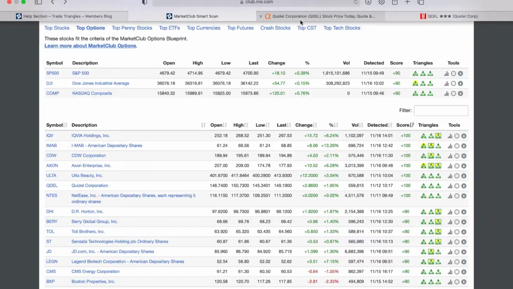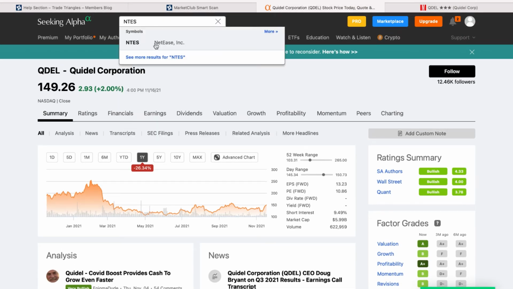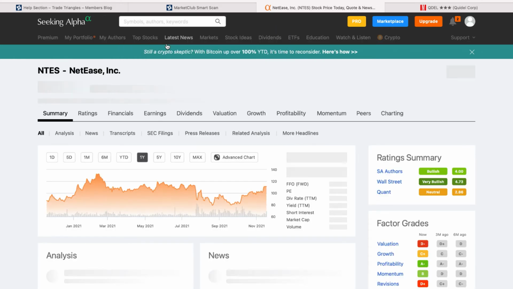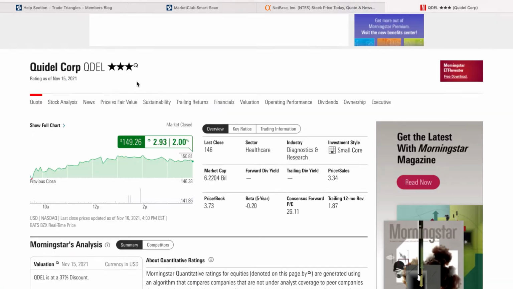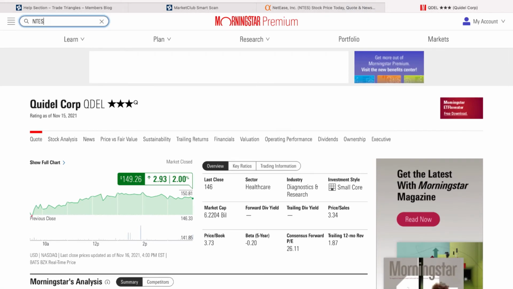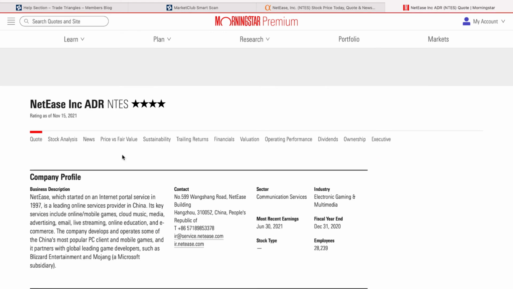NTES. Seeking Alpha bullish, Wall Street very bullish, quant neutral. Let's just take a look here. Four stars, interesting.